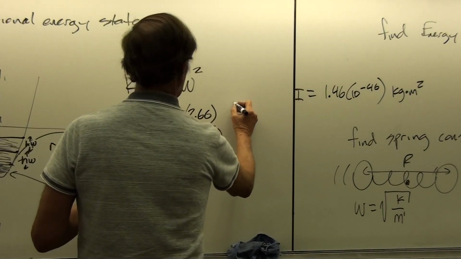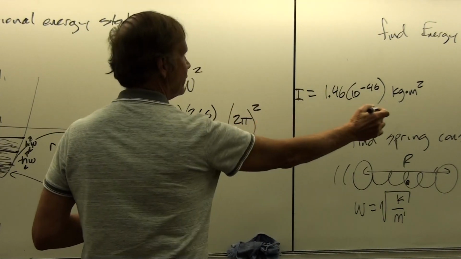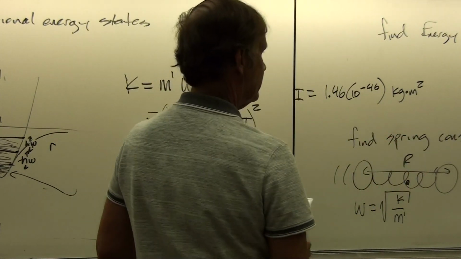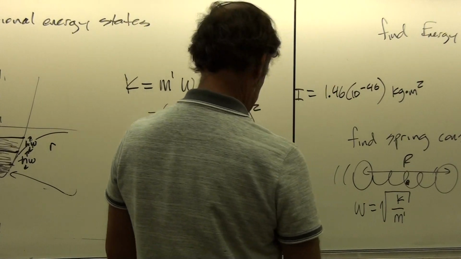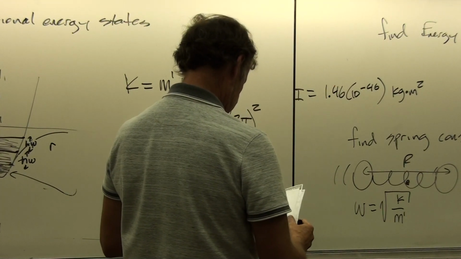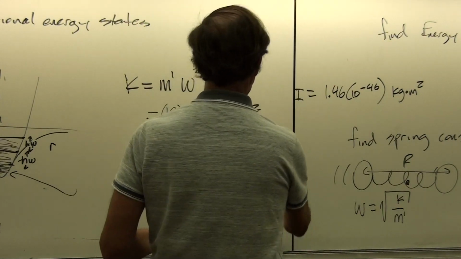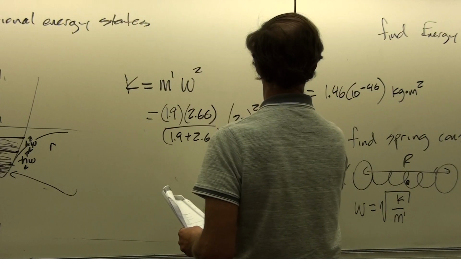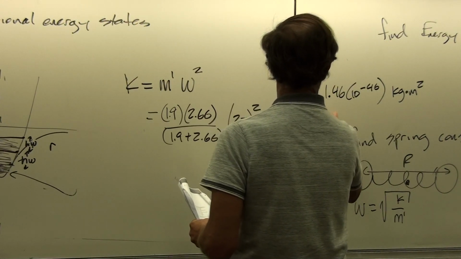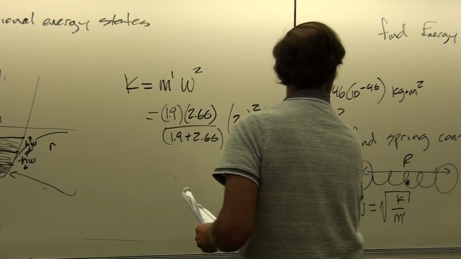2.66 times omega squared. That's going to be 2 pi squared times the frequency squared. We had the frequency given before. Erased it, but the frequency was 6.42 times 10 to the 13th hertz, quantity squared.